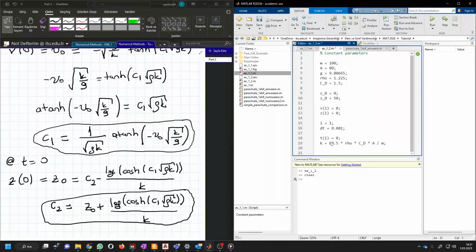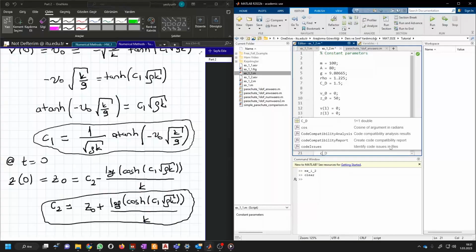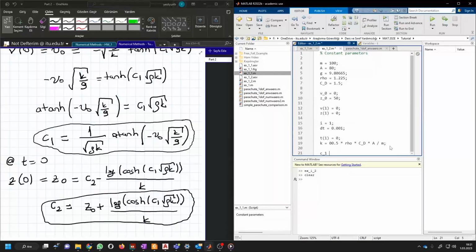So I will also declare my integration constants before my loop because they are constant.